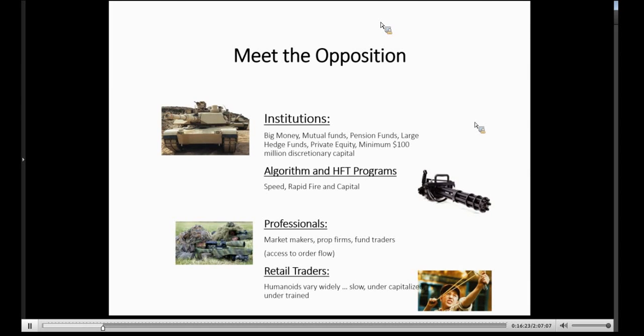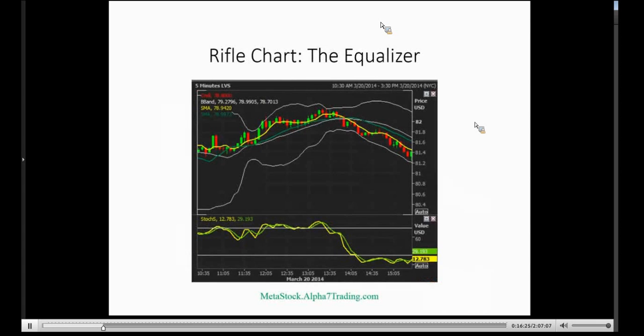So through the years, what I've developed is a tool called the rifle chart. This tool allows you to visually see the trend, visually see the trading range, and visually see if a stock is overbought or oversold. And that's the general explanation of the rifle chart.